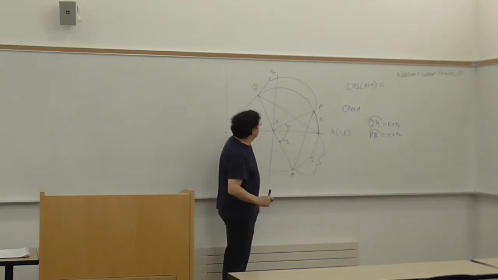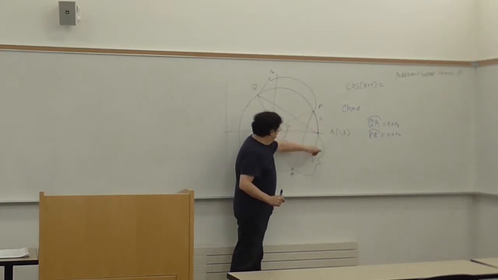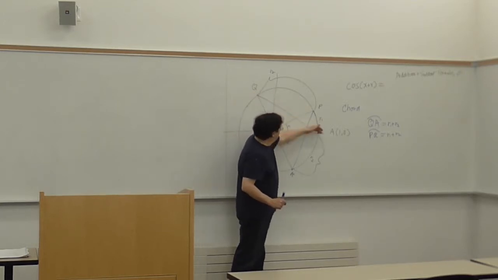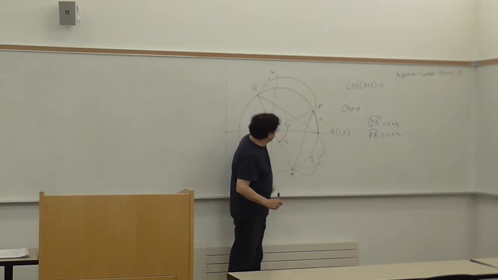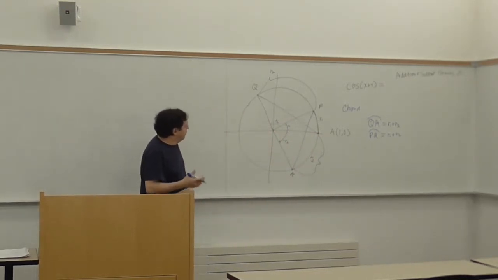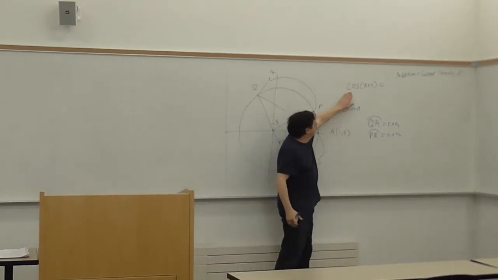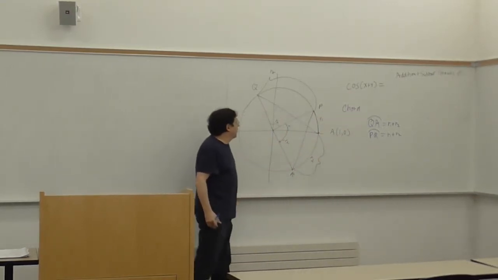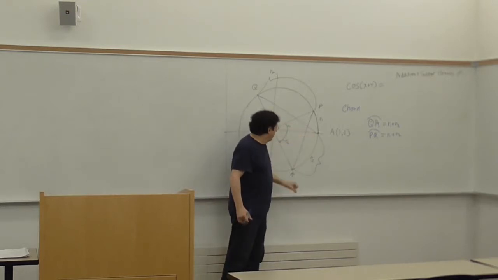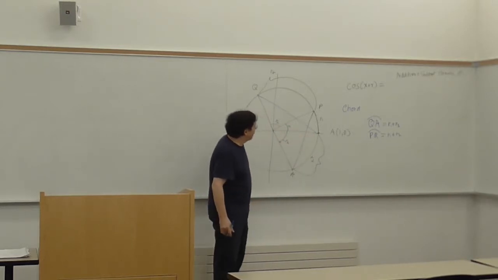So there's a theorem in geometry that says in a circle, the lengths of the chords are equal if the measures of the arcs are equal. And so our derivation, our proof, is going to center around the fact that these two lengths are equal.